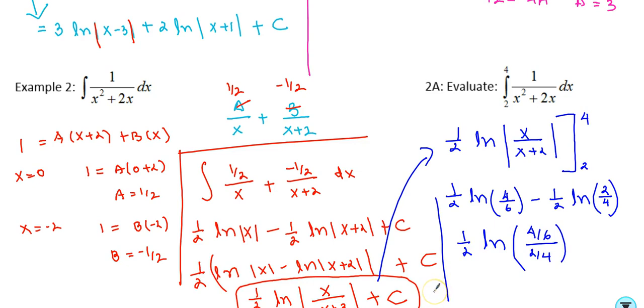If it is a multiple choice question, the answer would look like either 1/2 ln 4/3 or ln square root of 4 over 3. You can take it as a square root also. So know the properties of log and know how to simplify a definite integral using logs.